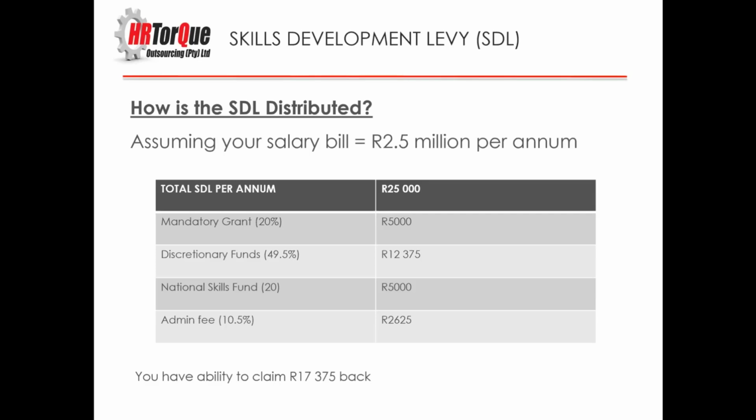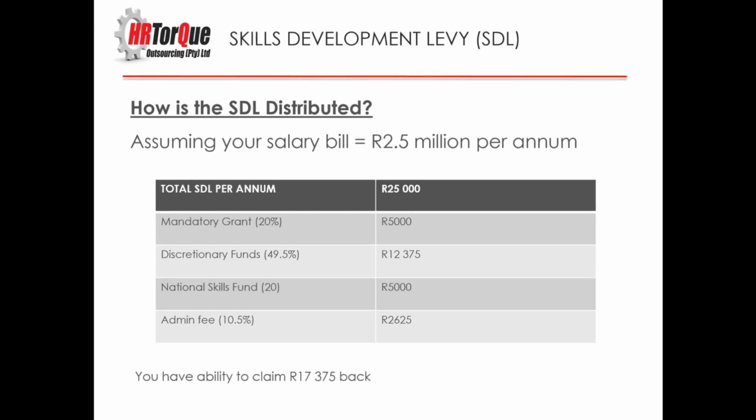And your mandatory grant, which we'll go into just now, you can get back for submitting your workplace skills plan and your annual training report on an annual basis. I'm sure I do speak into it later, but historically, the mandatory grant used to be much higher.